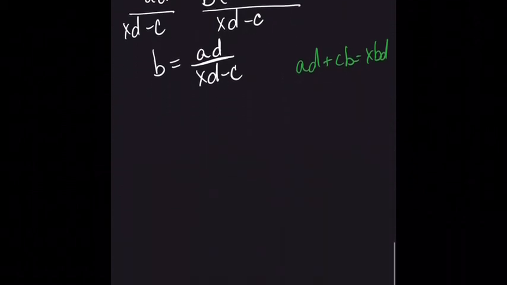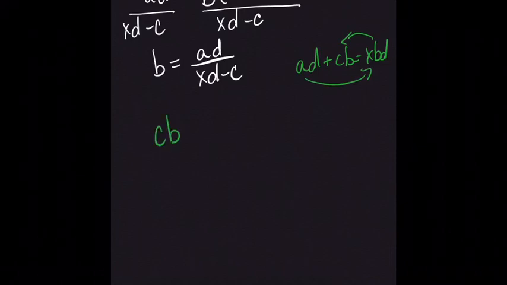So if we had taken this over here and taken the AD over there, then we would have ended up with CB minus XBD equals negative AD.